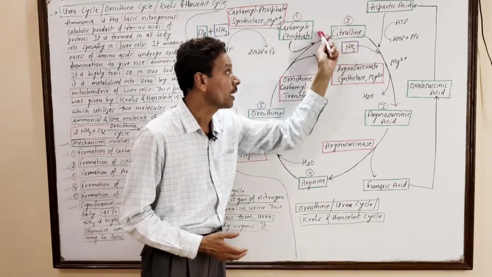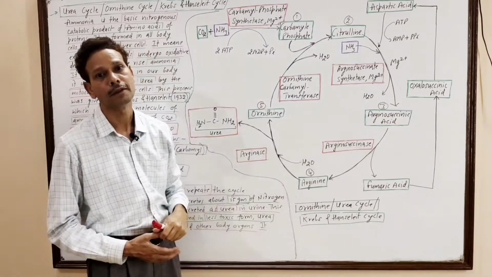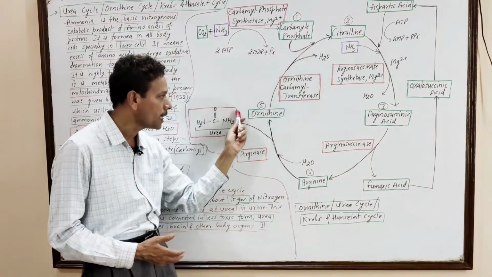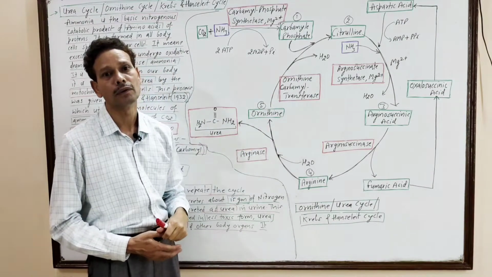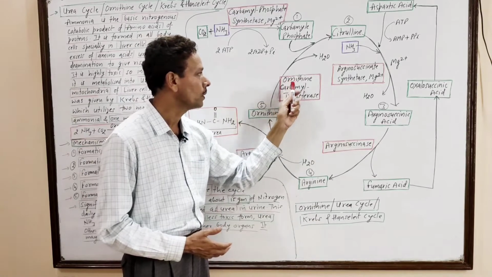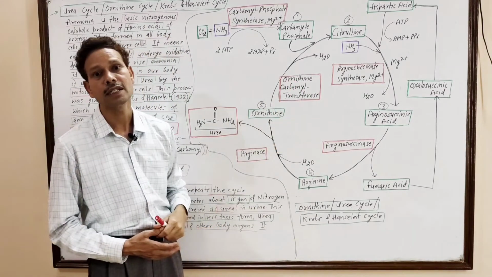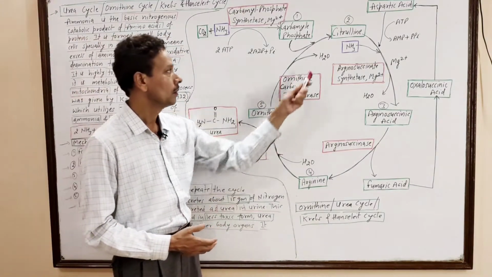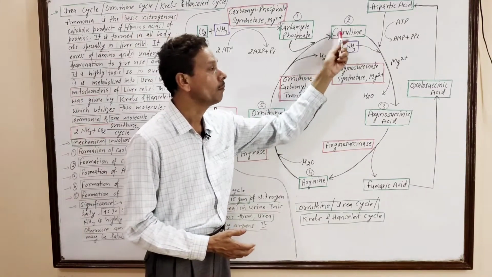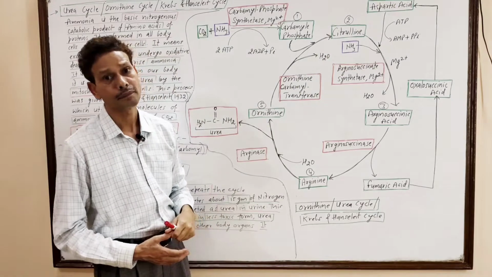In second step, formation of citrulline, this carbamyl phosphate interacts with ornithine molecule, and this step is catalyzed by ornithine carbamyl transferase enzyme. It produces 1 molecule of water and 1 molecule of citrulline.